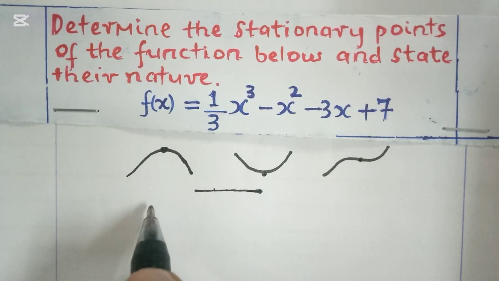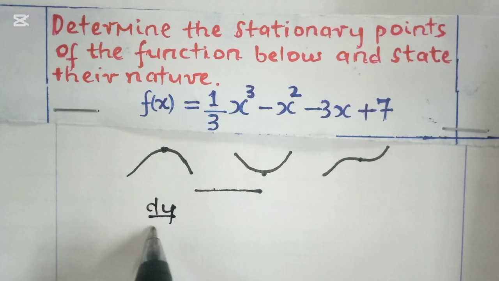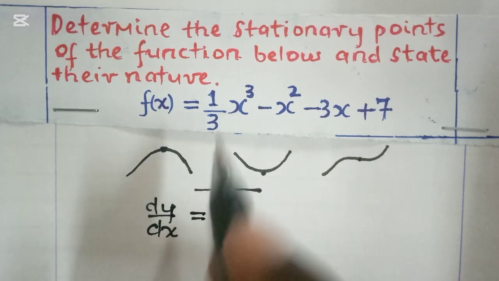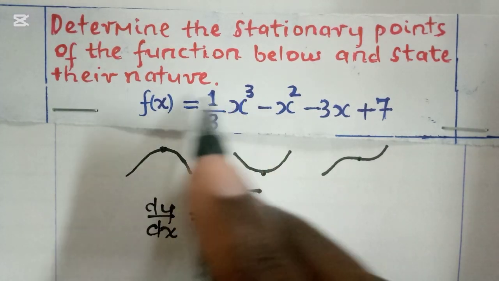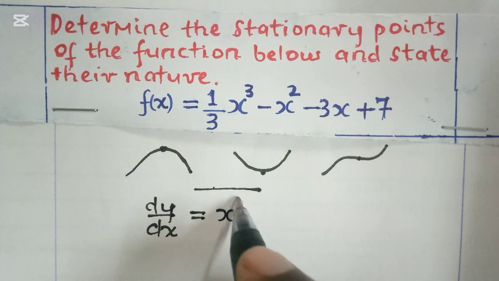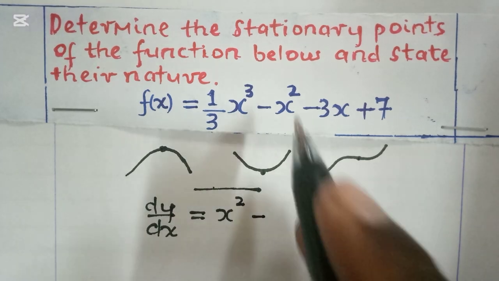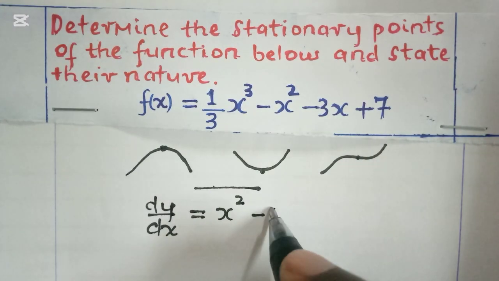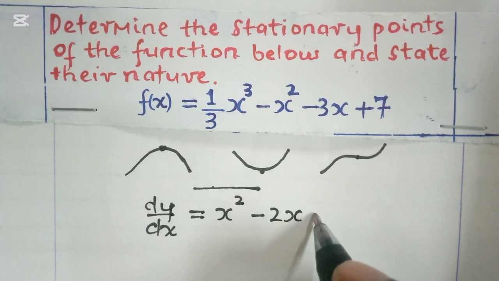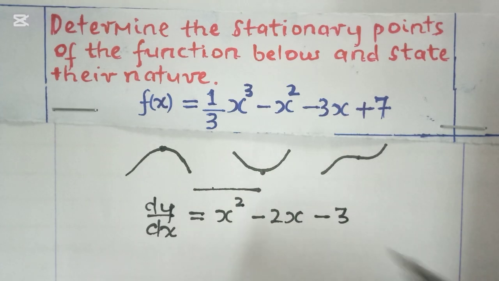So we shall say dy over dx. This gives us x squared minus 2x minus 3, and the derivative of the constant is 0.